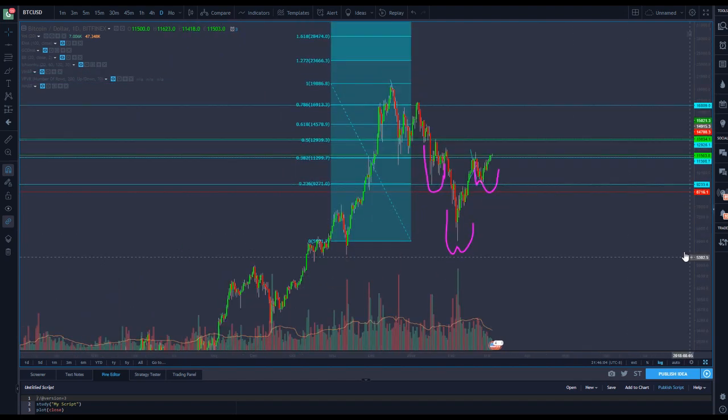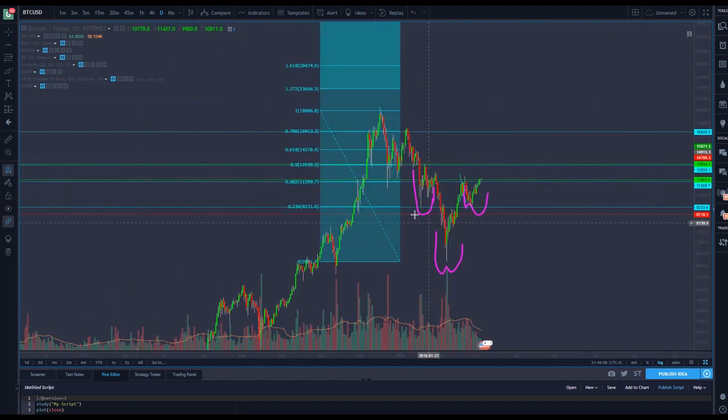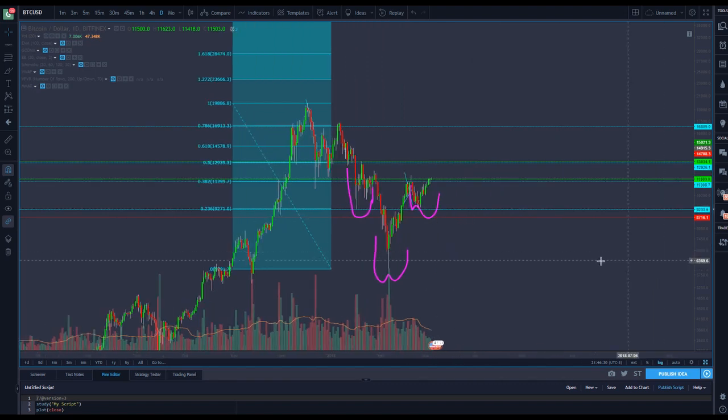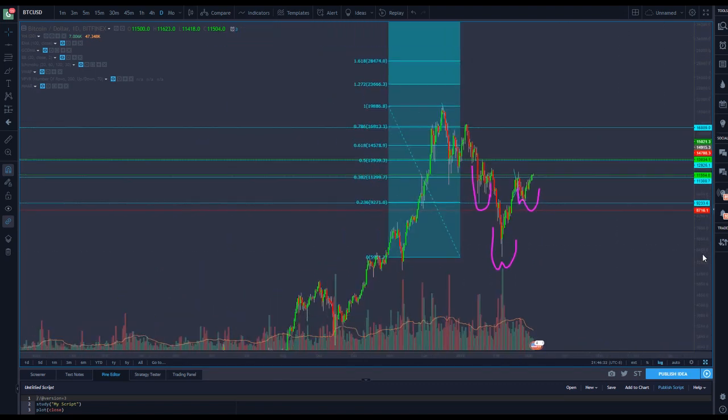So that's how I use the Fib retracement, and as you can tell, when I did that, it gave pretty accurate support and resistance lines, as you can see right here, right here, right here, and right here. So as this moves up, these will most likely be the major support and resistance lines.